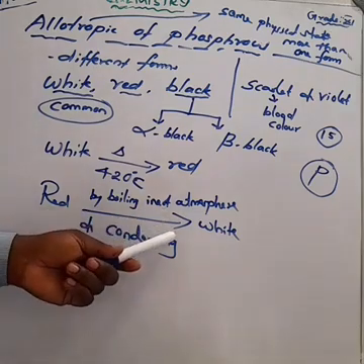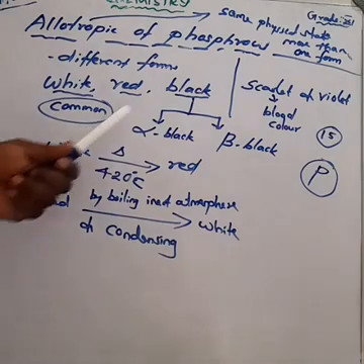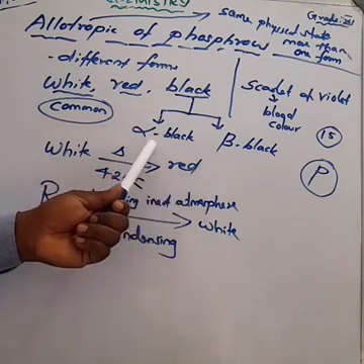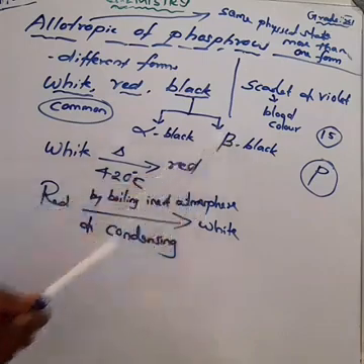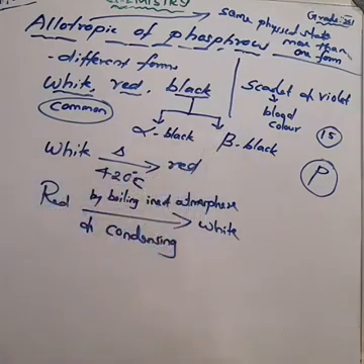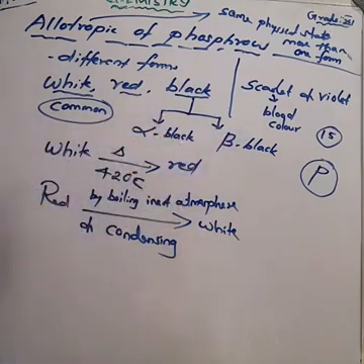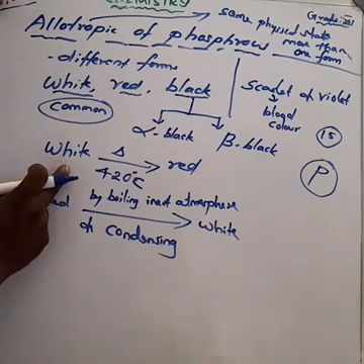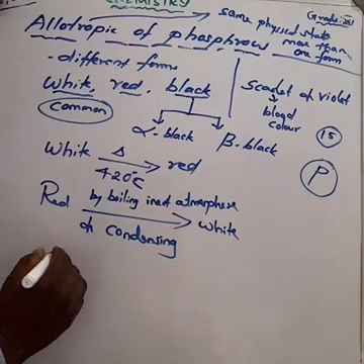This is a concept. And one more: what about black phosphorus? Black phosphorus is divided into 2 types: alpha black phosphorus and beta black phosphorus. White phosphorus on heating at 803 Kelvin gives alpha black phosphorus.